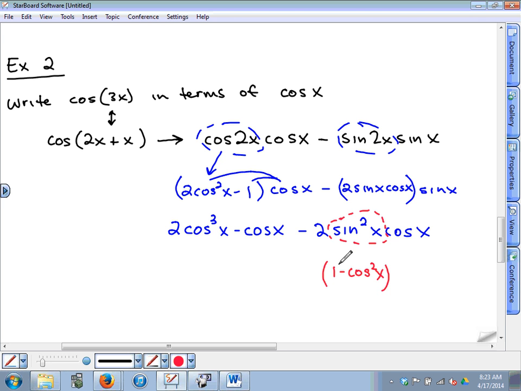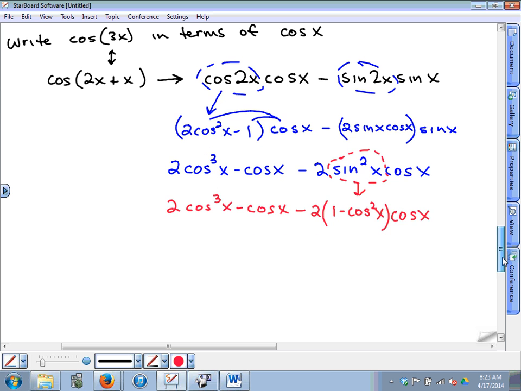Sine squared of x is 1 minus cosine squared of x. So we have that 2 right there, and we have this cosine right here. And over here we had 2 cosine cubed of x minus cosine of x. So we have 2 cosine cubed of x minus cosine.